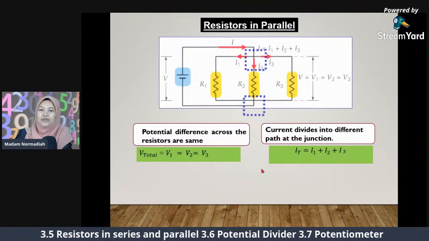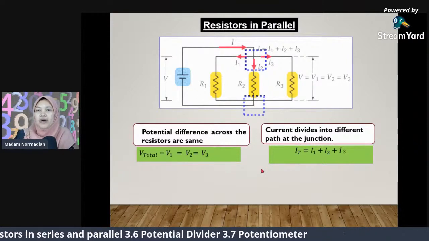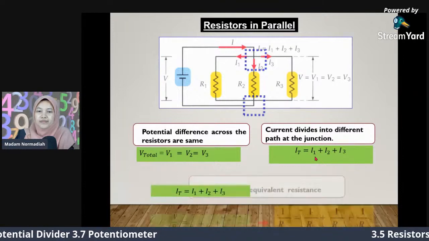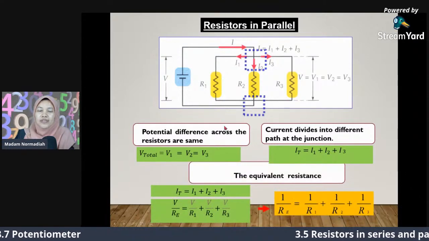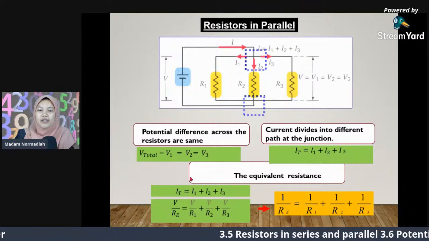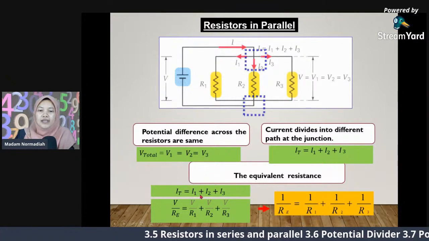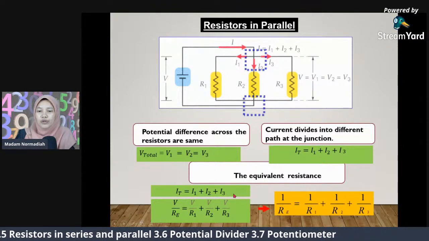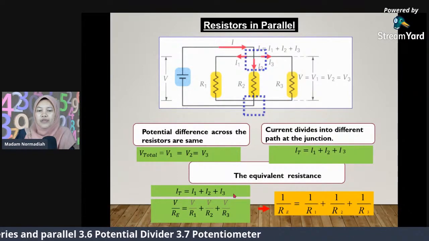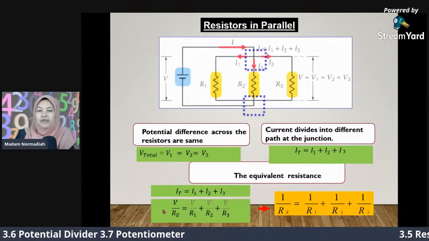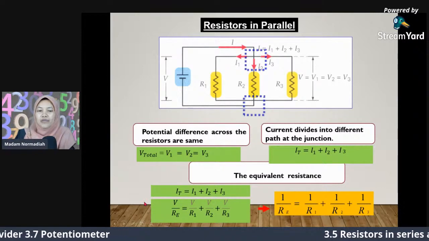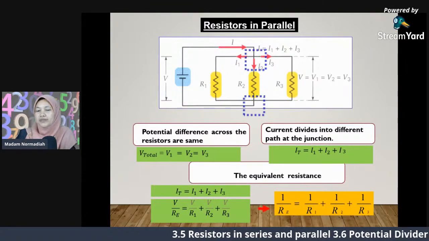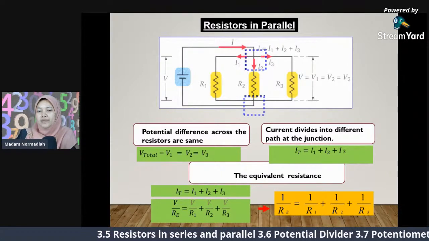And now class, we can determine the effective resistance in the parallel arrangement. It comes from I total equals I1 plus I2 plus I3. And again, we refer to Ohm's law, I equals V over R, and we rewrite the equation: V over R effective equals V over R1 plus V over R2 plus V over R3.